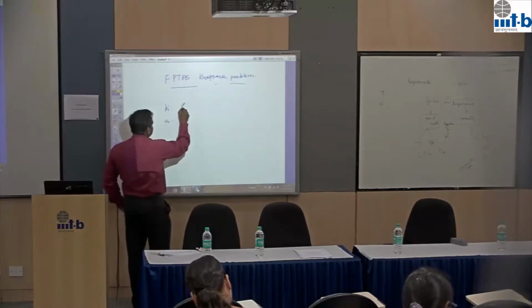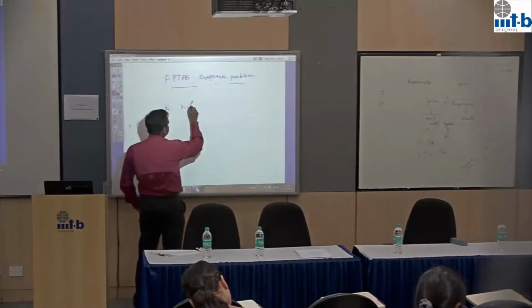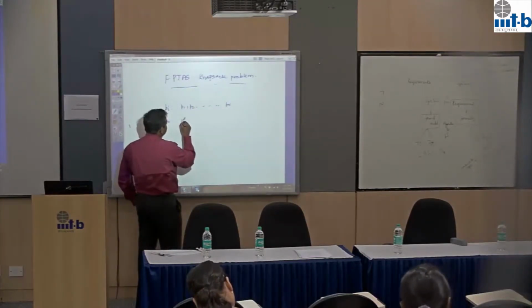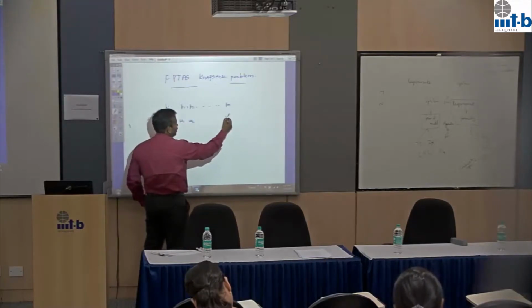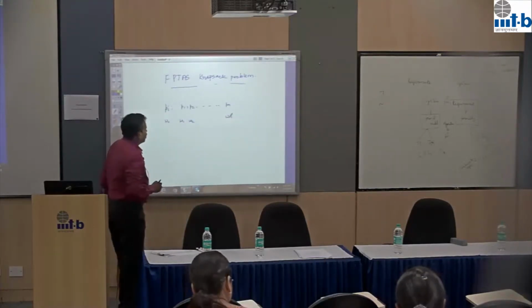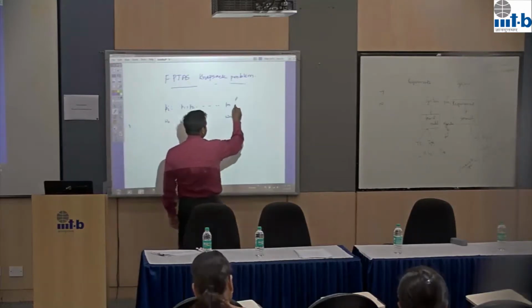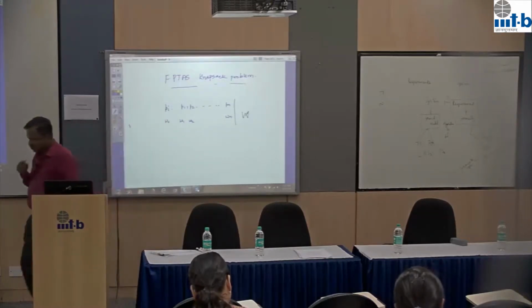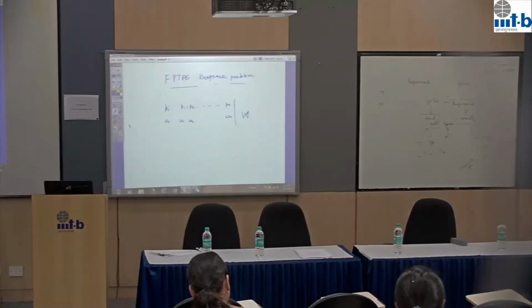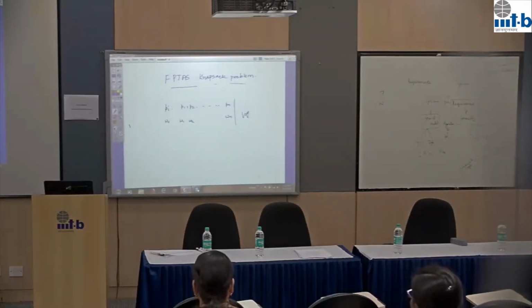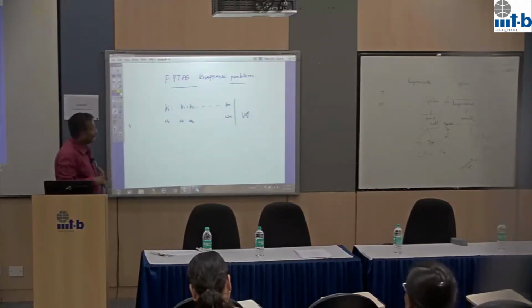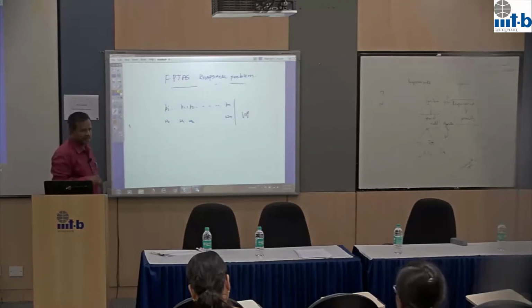Let's say that the profits are P1, P2, ..., Pn, and the corresponding weights are W1, W2, ..., Wn. You are given a knapsack of size W. You have to pick some of these items so that the items that you pick fit into this knapsack, and you want to maximize the profit of the items that you pick.